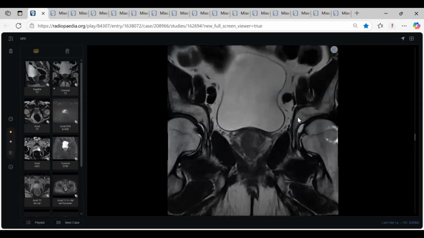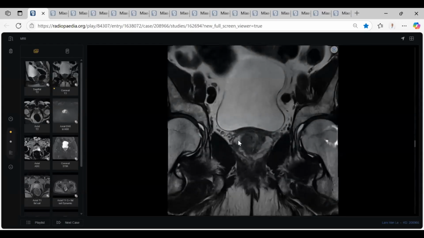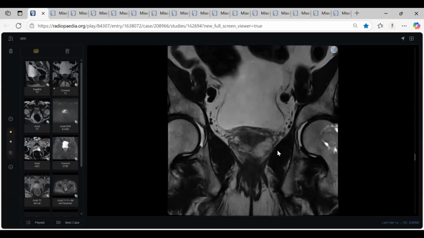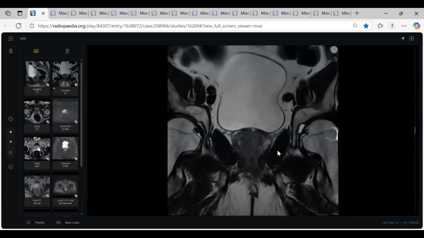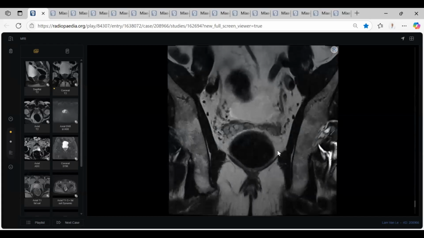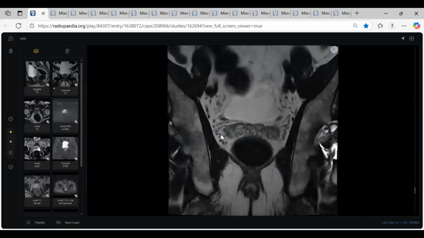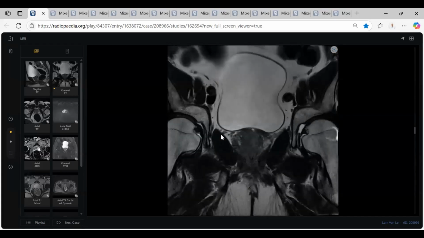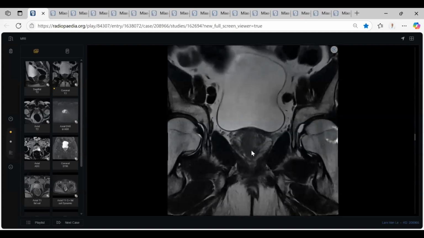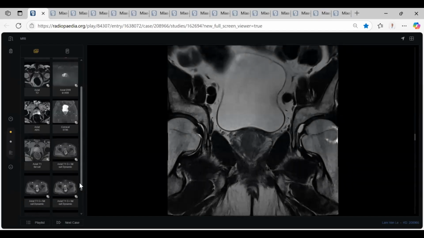And what about this normal tissue in between? The seminal vesicle. No, this is not the seminal vesicle. See, the seminal vesicle is this. Sorry. So there are two lesions: one in the right side of the central area and one in the right side of the peripheral zone.